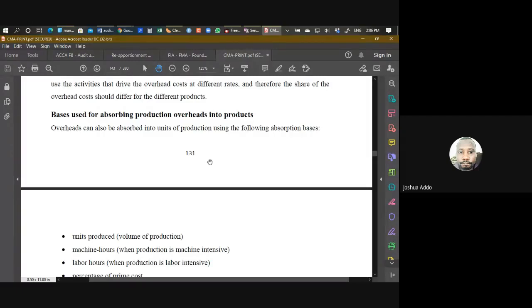So if we produce more product A than any of the products, then it means product A has contributed to the organization's total overheads more than the two, because the overheads are production units related. So that's the reason why we may use units produced as a basis of sharing the production overheads, on the logic that the production overheads are generated from producing the units.